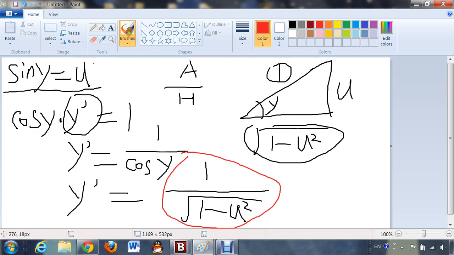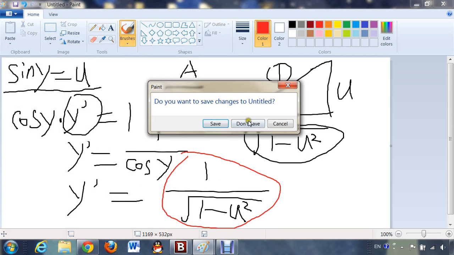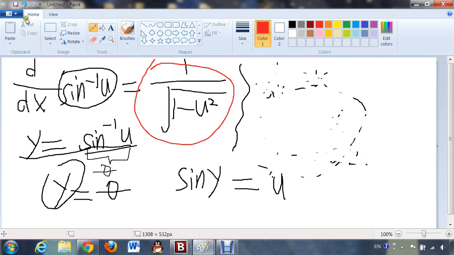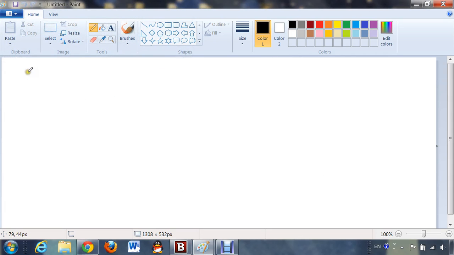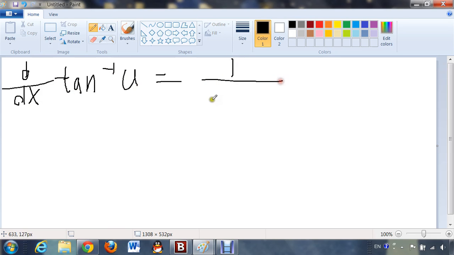So let's derive another one really quick. Okay, this time, let's derive the tangent inverse of something, and that is just 1 over 1 plus x squared.